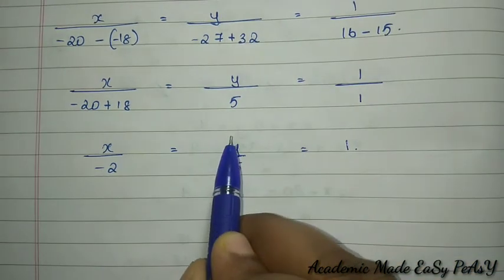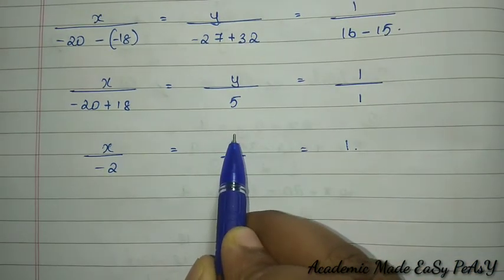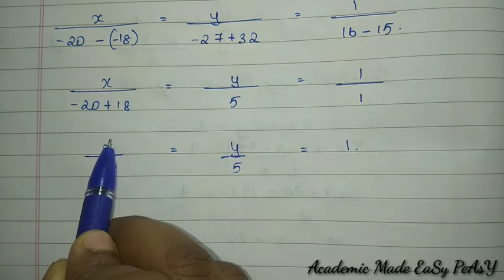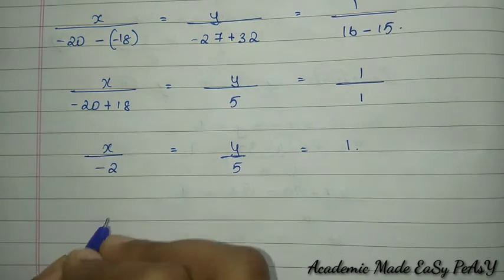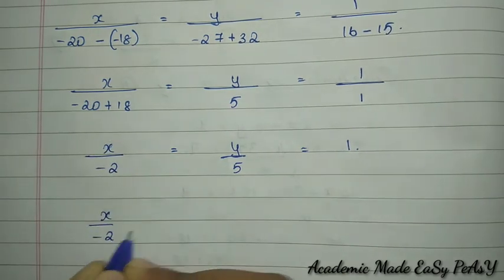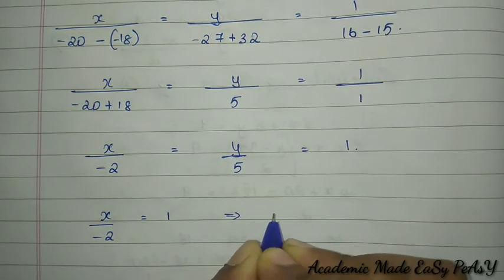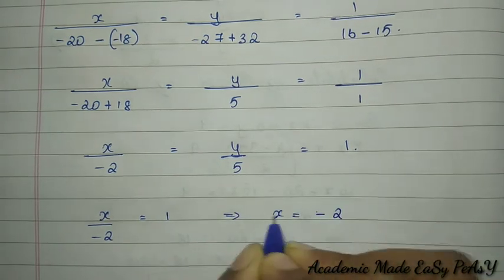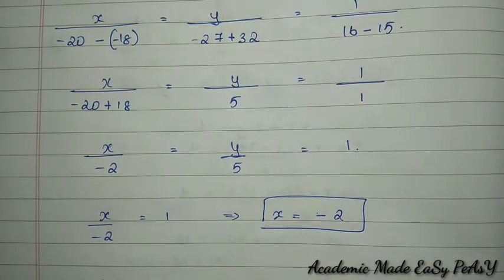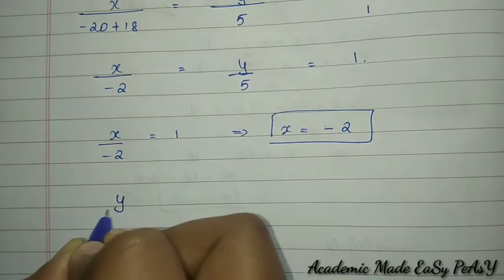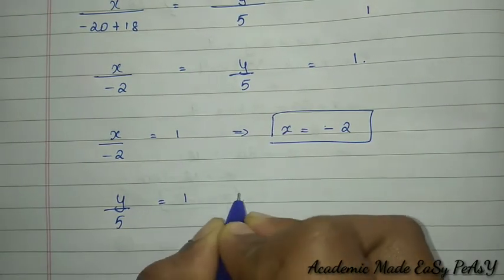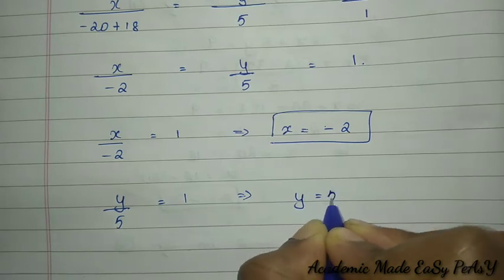Now I will just be equating: x by minus 2 is equal to 1 and y by 5 is equal to 1. So x by minus 2 is equal to 1 implies x is equal to minus 2. And y by 5 is equal to 1 implies y is equal to 5.